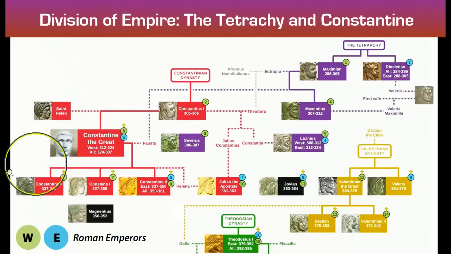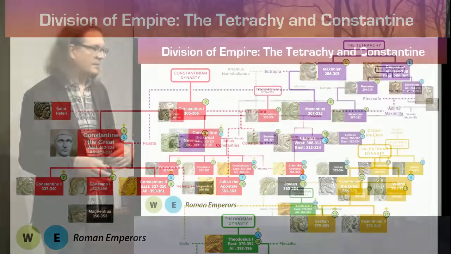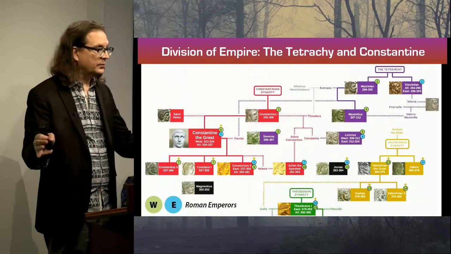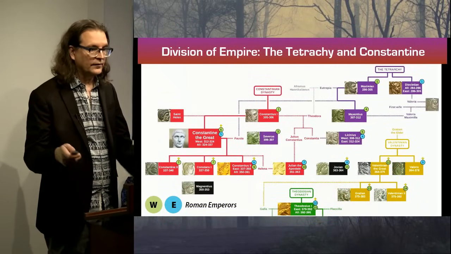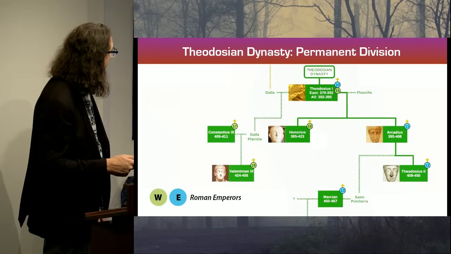But once it's been divided once, there are divisions between West and East. We can see here that he's the 5th Eastern Emperor and the 6th Western Emperor, and the first of these with a cross here that's Christian. But you can see that a lot of them after him are not East and West; they're just East or West. Anyway, that continues: when there are more crises and sometimes weaker emperors, if they've got sons, they'll maybe split the empire into 2 pieces.